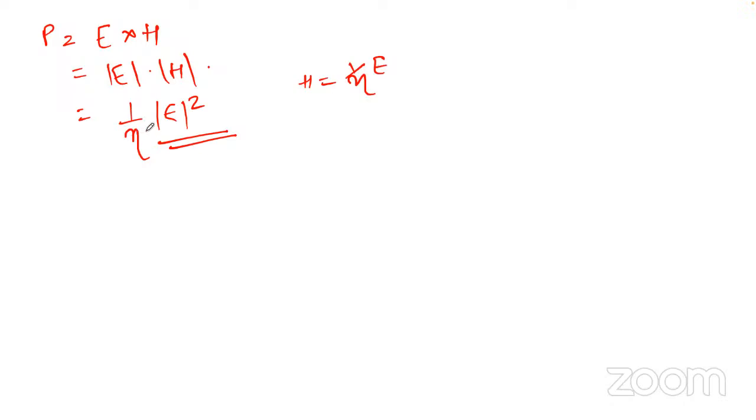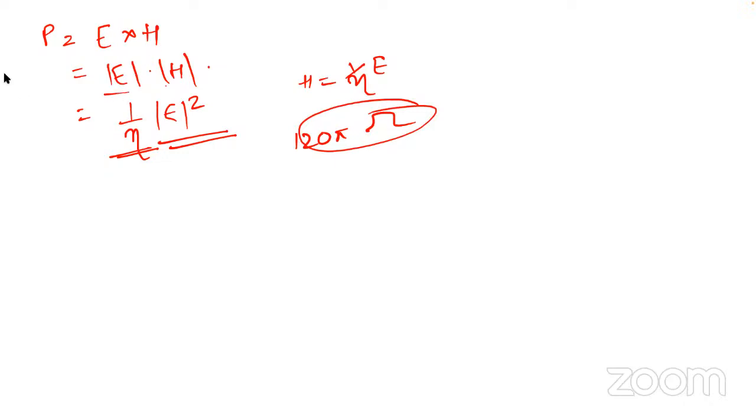It is a kind of resistance factor of free space, which equals 120 pi ohm. Now, if E and H are given, you can calculate that easily.